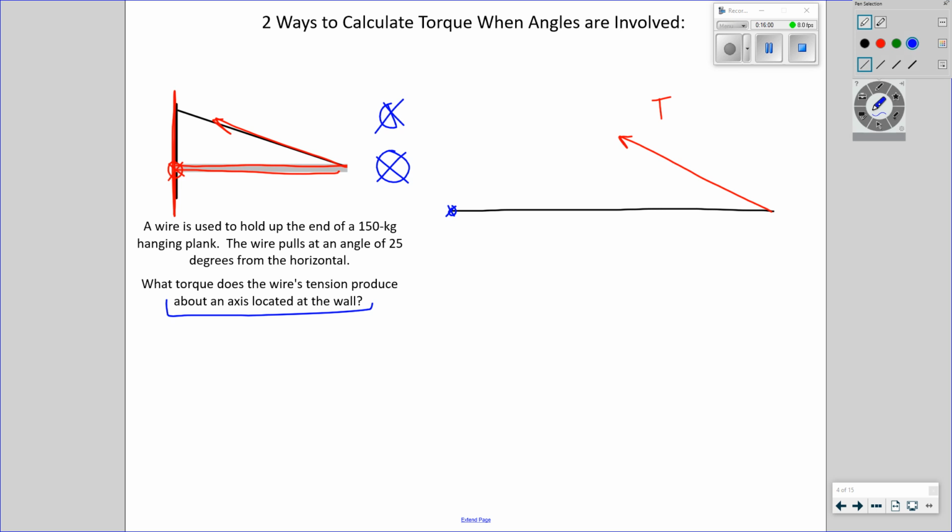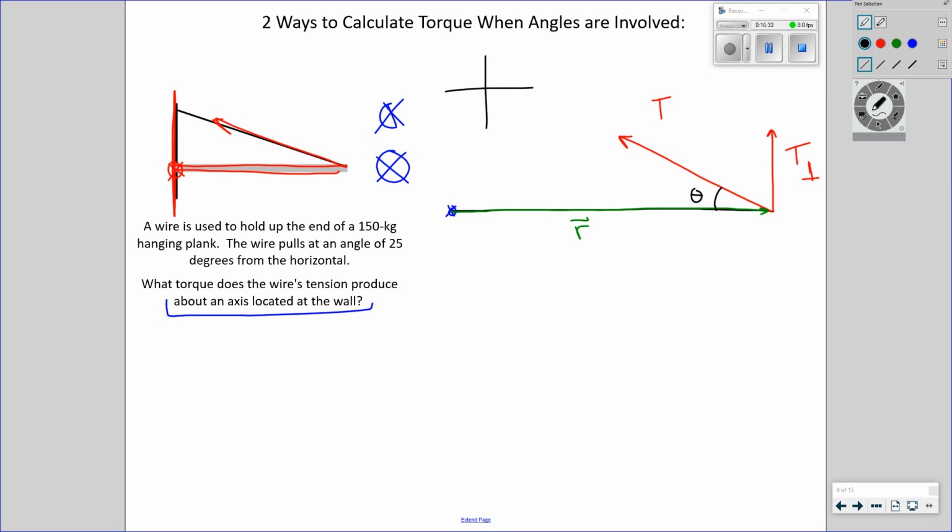I've just defined a vector r. Vector r by definition goes from the axis of rotation to the point of application of the force. Okay? And then let's call this an angle theta because I said so. All right, well, here is a part of tension T that creates torque, T perp. Why am I breaking T into components? In my opinion, because if we stick to a pretty standard set of axes like that, r is along the x-axis.